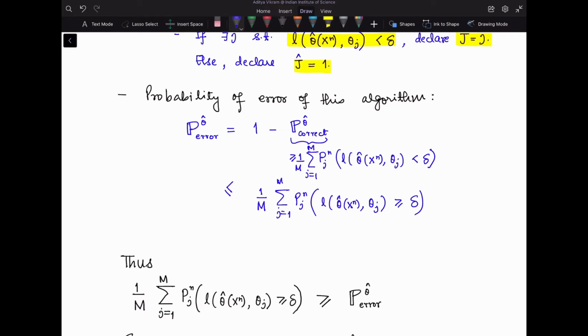Okay. So now observe that this is the right hand side of this equation star we had.